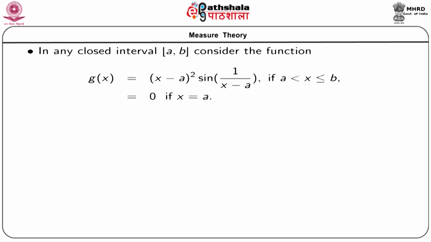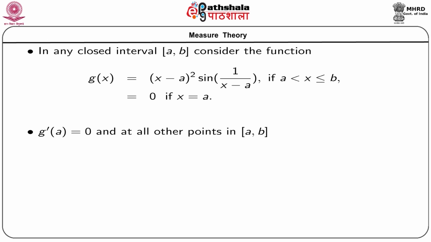In any closed interval [a, b], consider the function g(x) equal to (x minus a) whole squared sin of 1 by (x minus a) if a is less than x less than or equal to b, and g(x) takes the value 0 at the point x equal to a.